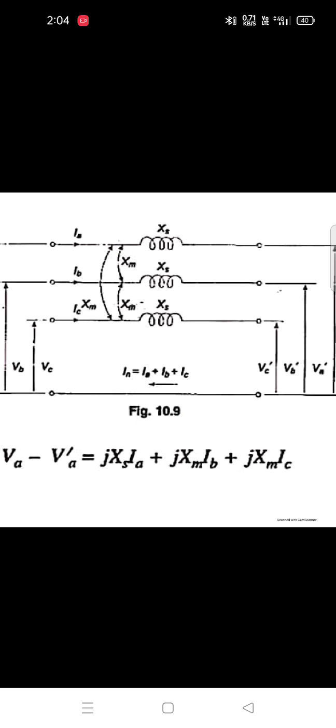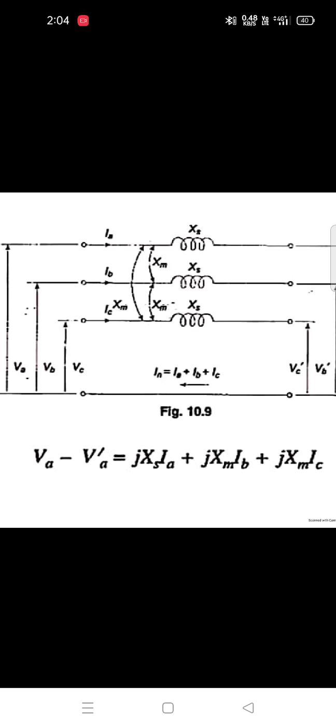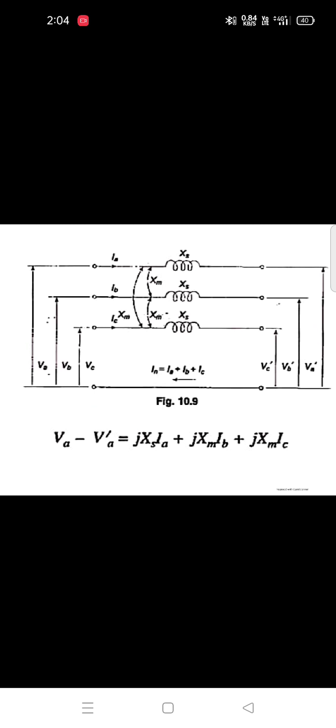Here XS is the self reactance of each line and XM is the mutual reactance of any line pair. So we can use the KVL equation with this figure: VA minus VA dash equals jXS into IA plus jXM IB plus jXM IC.